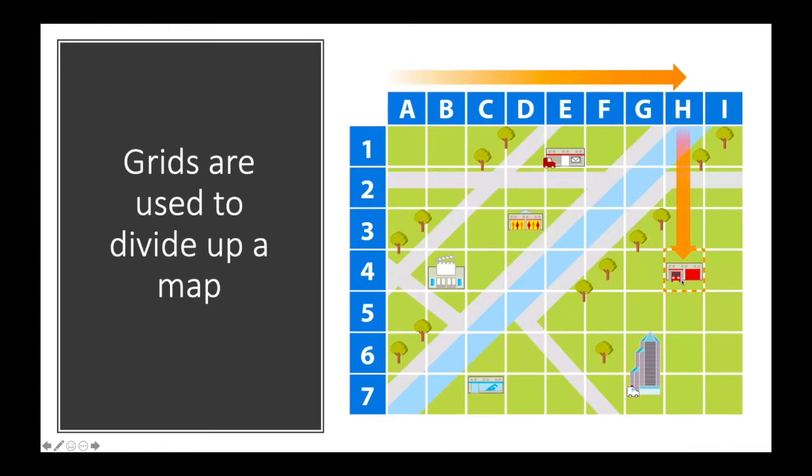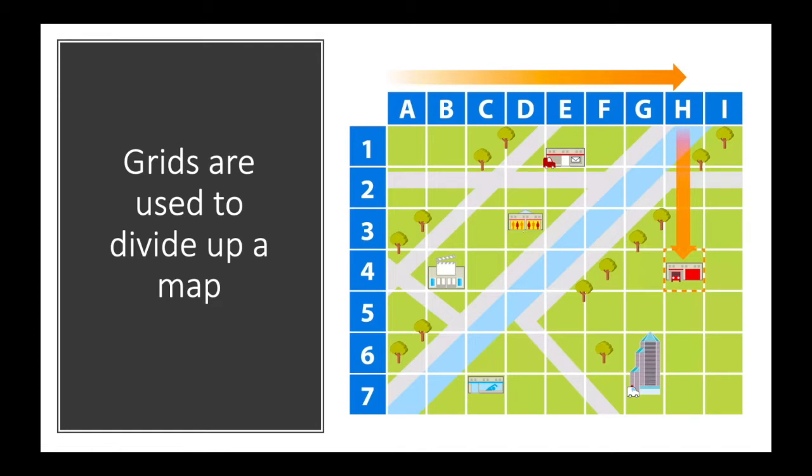And here there's a little square around, let's go with the fire station. So the fire station is in H4. So H4 means that we can look that up. If we said C7, we'd go to C and we go down until we find 7 and we can see that it's the swimming pool. So that's kind of how it works. It's just a grid reference.